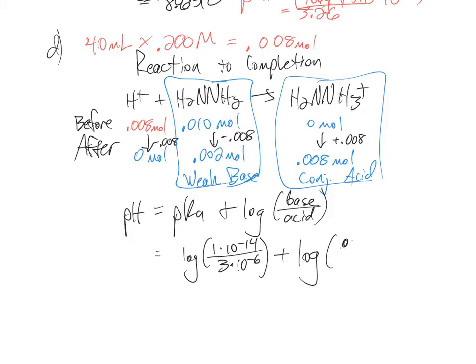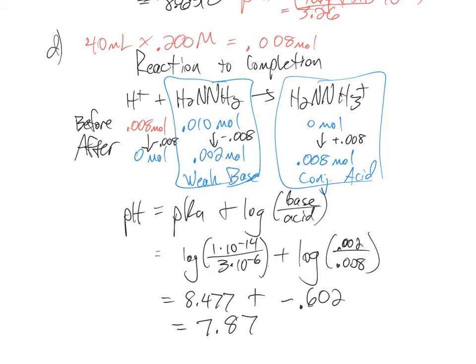Base over acid would be 0.002 over 0.008. And the pH works out to be 7.87, which again is a reduction from what we previously had.